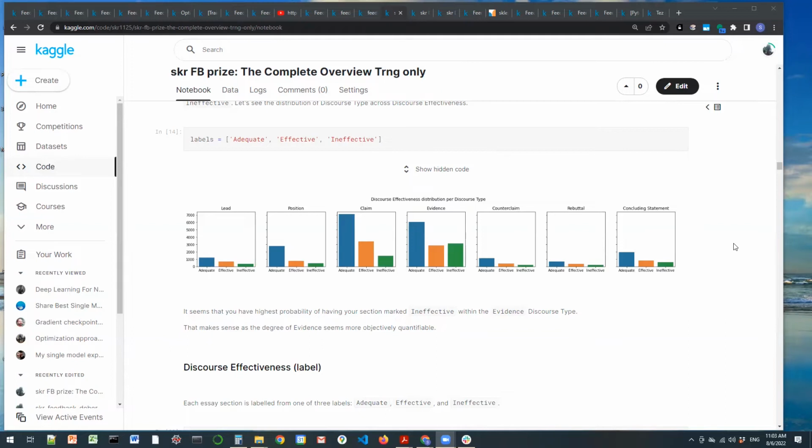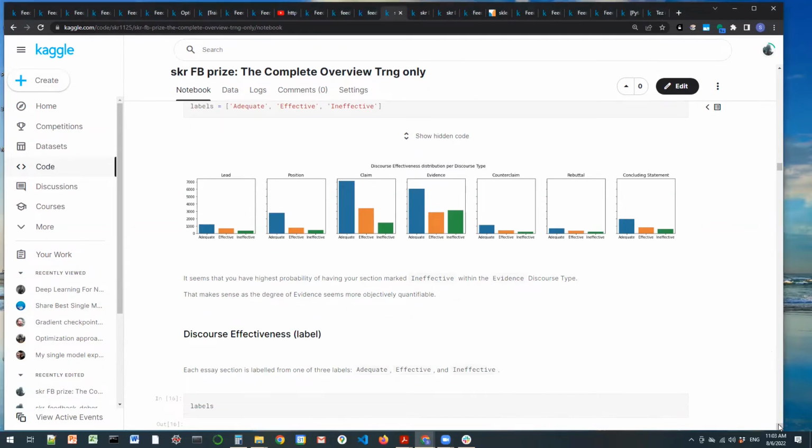And it would be interesting to have a look at the evaluation of the generalized model by discourse type. If you have a model, that's something you can do easily, and it would probably give you a good understanding if there are some weak types for that particular model.